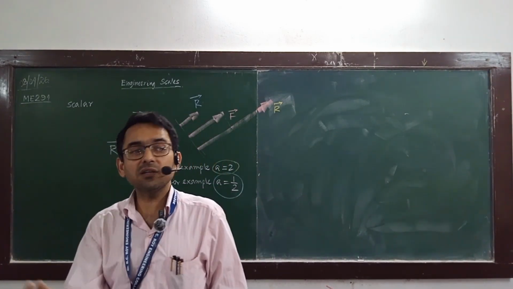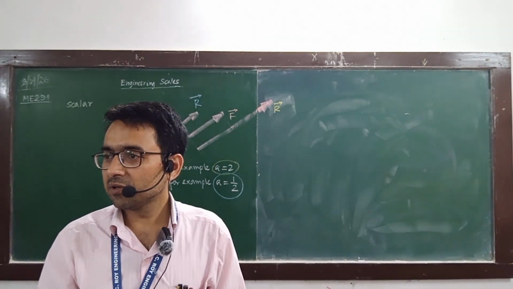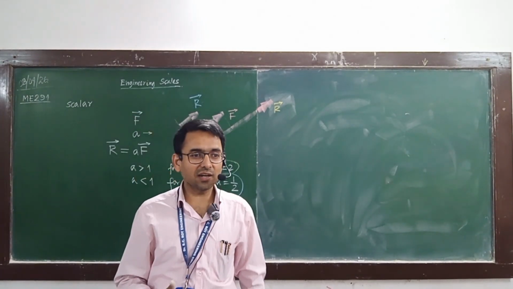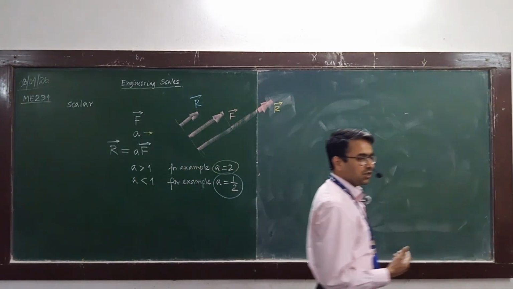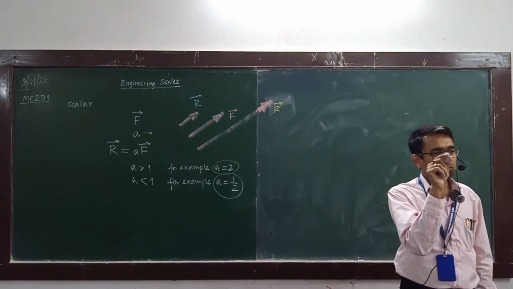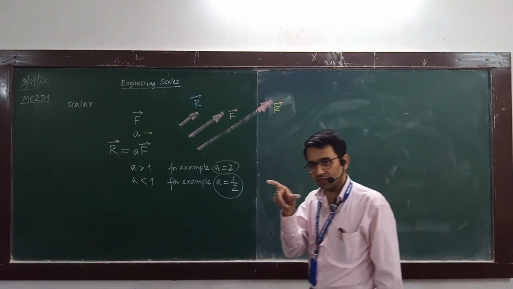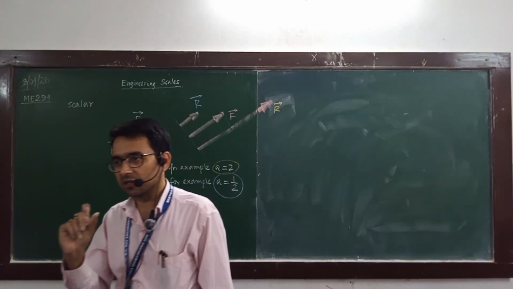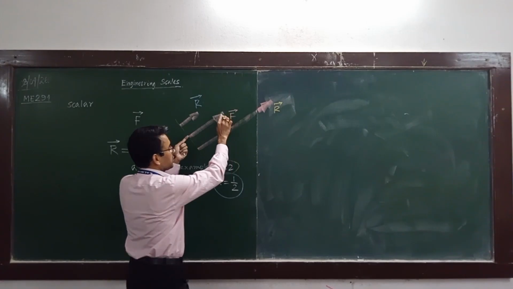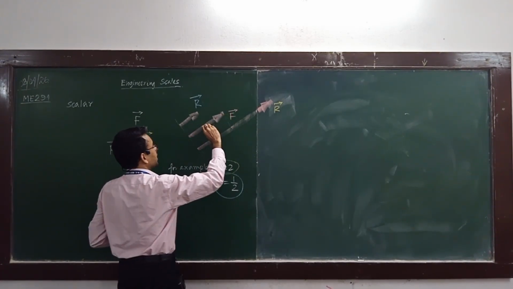So that is called enlarging or enlargement, right? And one is reducing scale. So it is about how much we are increasing or how much we are reducing compared to the true size, the actual size.